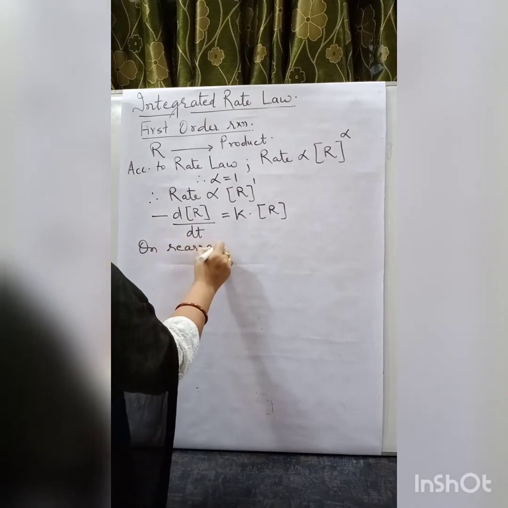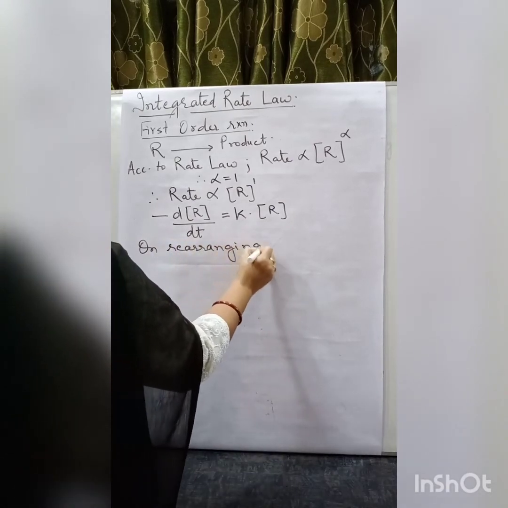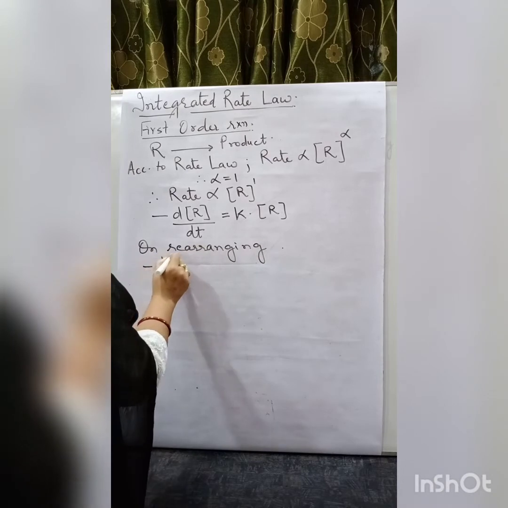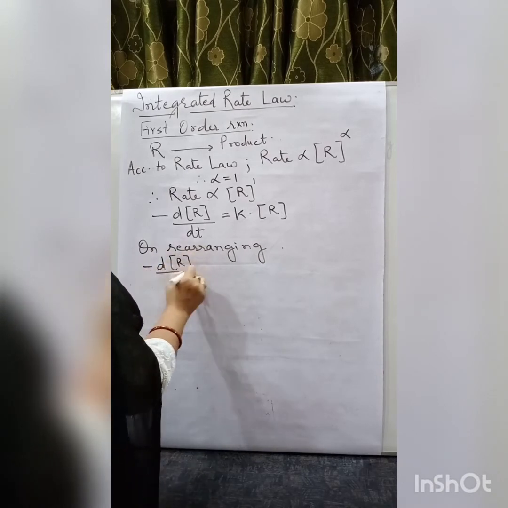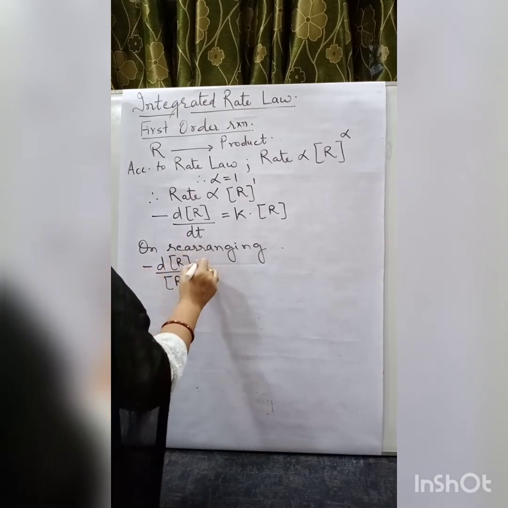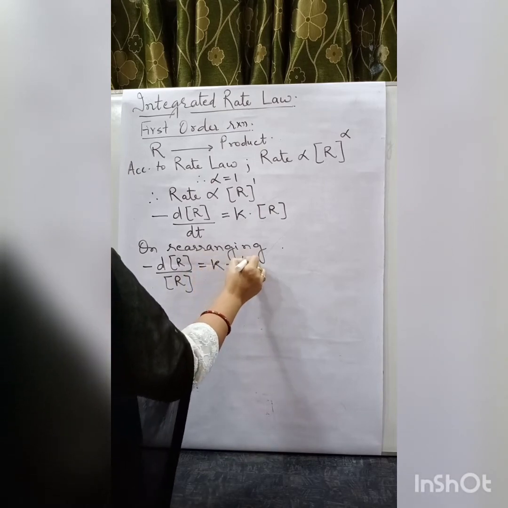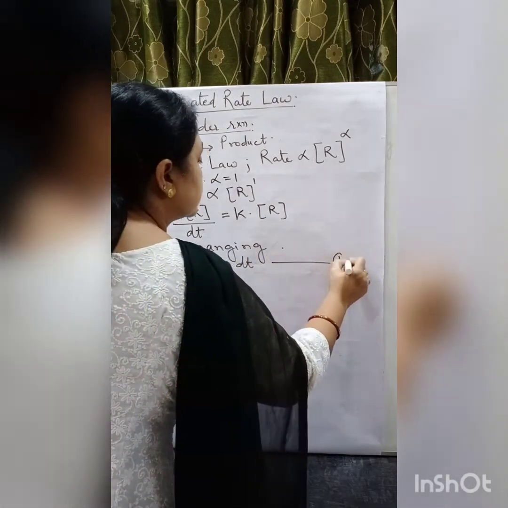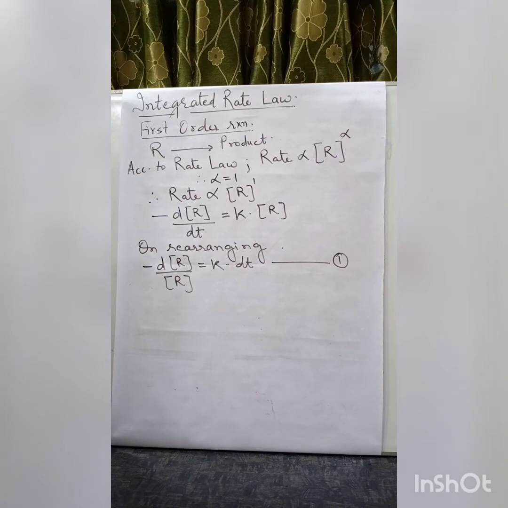On rearranging, we get minus dR upon R is equal to k into dt. Let this be equation number 1.